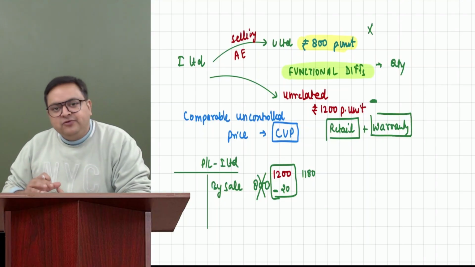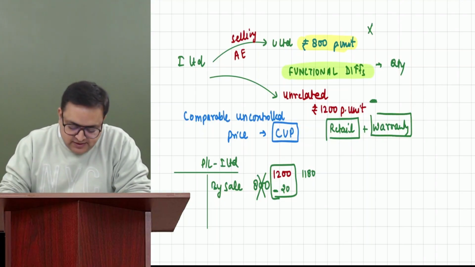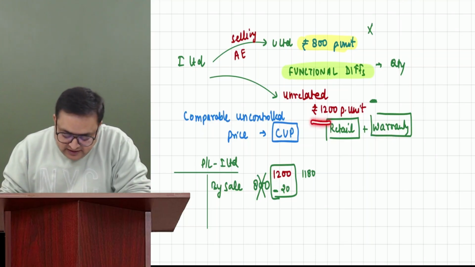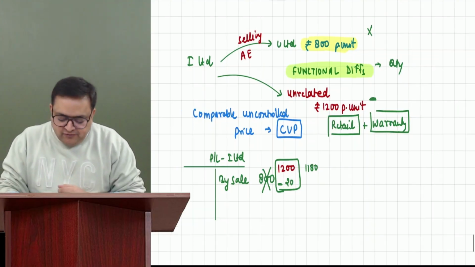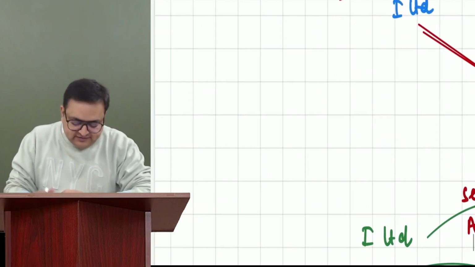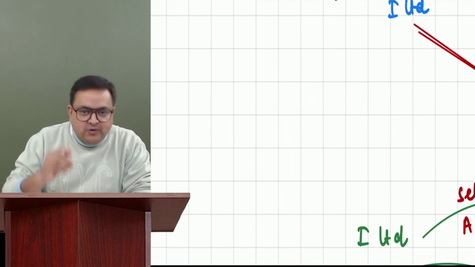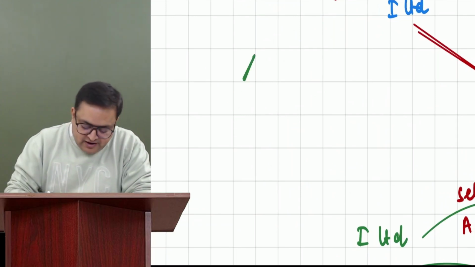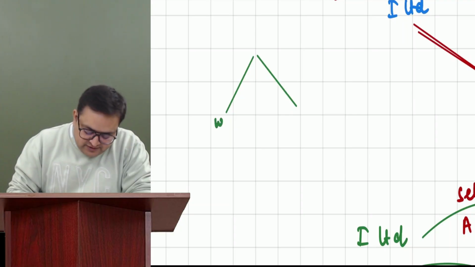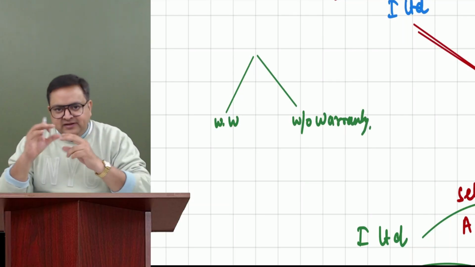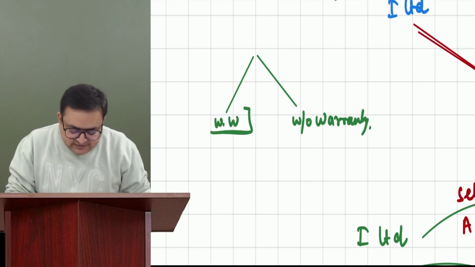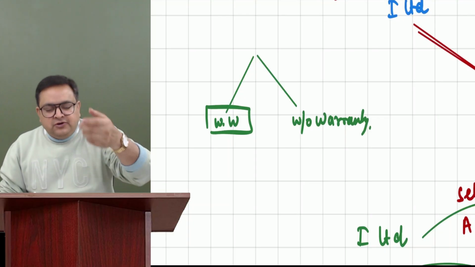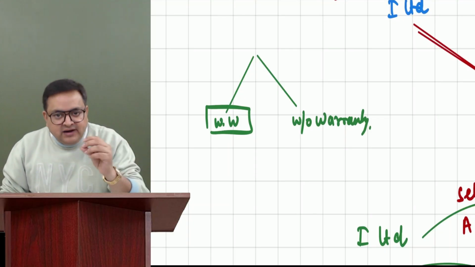Now please tell me, whenever you sell with warranty or without warranty, is it at the same price? Tell me, guys. You are a business person and you have two options: to sell with warranty or without warranty. Sir, with warranty and without warranty, it would not be the same price, because when we sell goods with warranty, we will charge a little extra.